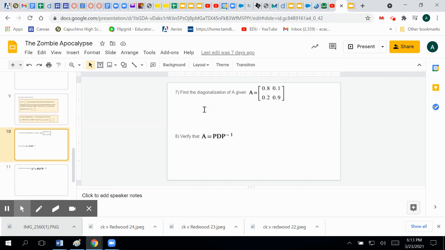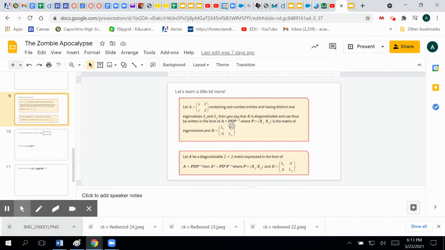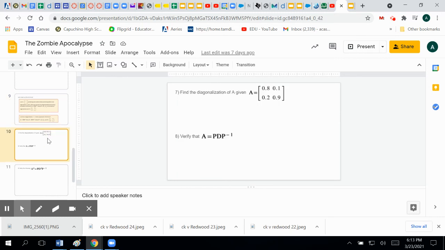For question 7, you're just writing out this equation, A equals PDP inverse, and you're substituting in the P matrix, which is the matrix of the eigenvectors, the D matrix, which is the diagonal matrix of the eigenvalues, and then the inverse of the eigenvector matrix. So number 7, you're just substituting the matrices into the equation.